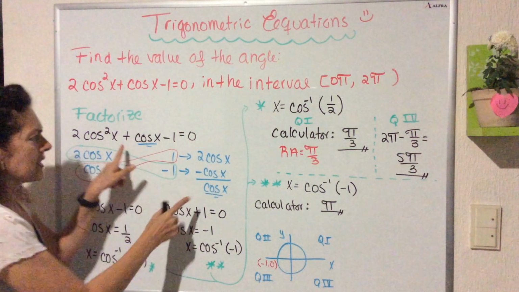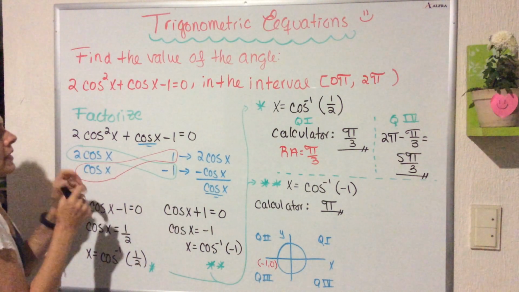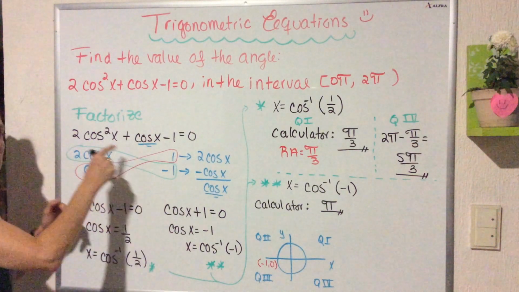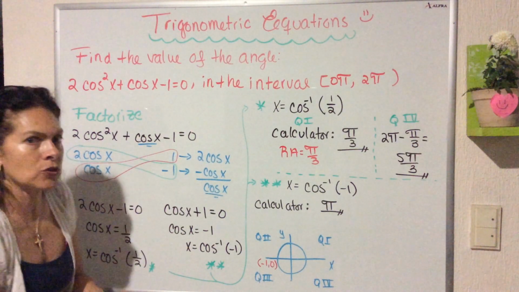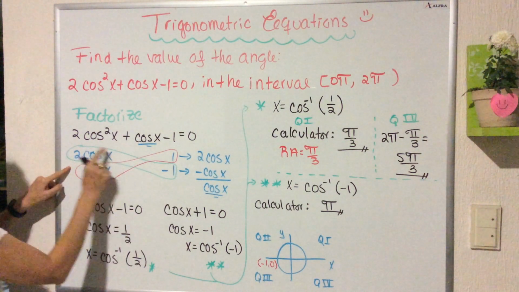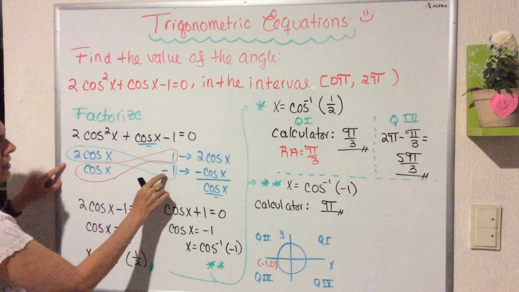So when you get the same thing here and in the midterm, that means that this combination is the correct one. And then you just cross, in order to get the factors, okay? So we have 2 cosine of x, and we join this one with minus 1.